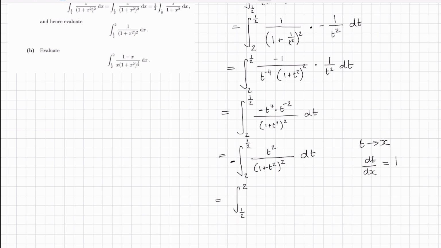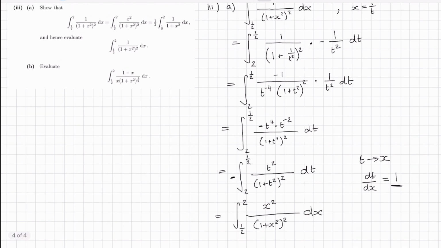So we're only multiplying by 1, which means it stays the same. So we're allowed to just write x in for t. And then we've shown the first part of that question.